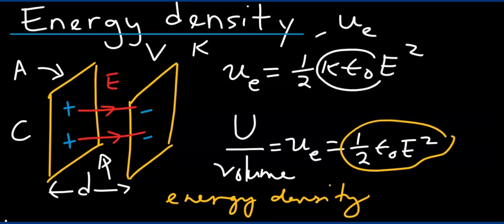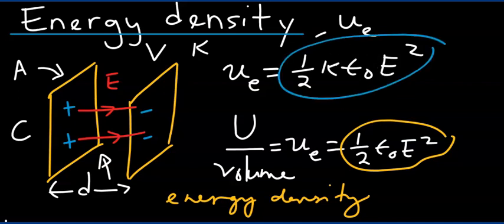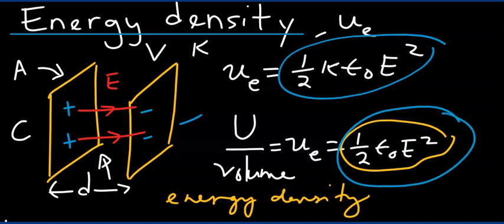So this dielectric constant times epsilon naught is quite simply the permittivity of that dielectric material. Although these expressions are derived specifically here for a parallel plate capacitor, this is a general expression that we use to compute energy density in an electric field E.